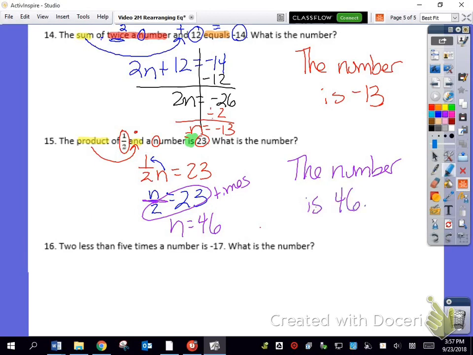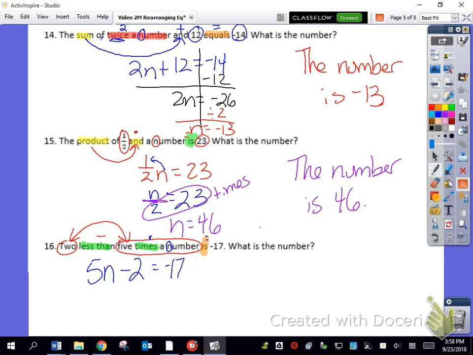2 less than. So you've got less than. And remember, less than means to switch, and it's a minus. So you've got 2 less than 5 times a number. Okay, that word times means to multiply. So you're going to do 5 times n. So 5 times n minus 2, and then you have is the equal sign, -17.